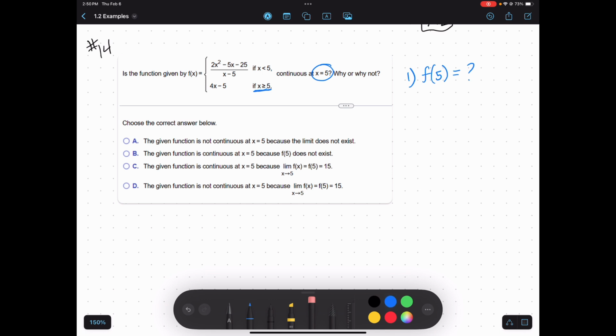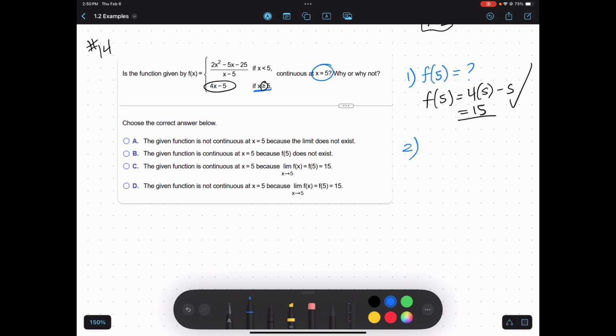Sure enough, I sure do, right? If x is equal to 5, I use this bottom term. So f of 5 is just equal to 4 times 5 minus 5, so it's equal to 50. Okay, criteria 1 is satisfied. The function value does exist, and that's mostly because, once again, I have this greater than or equal to term.